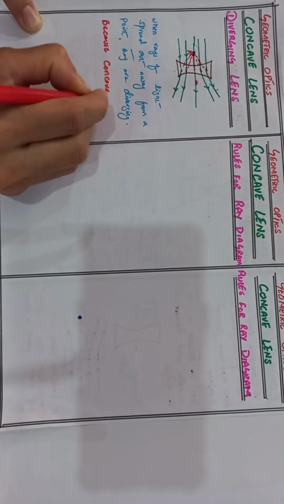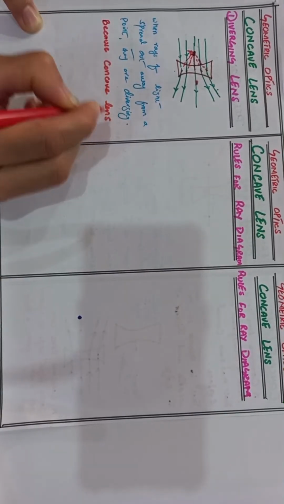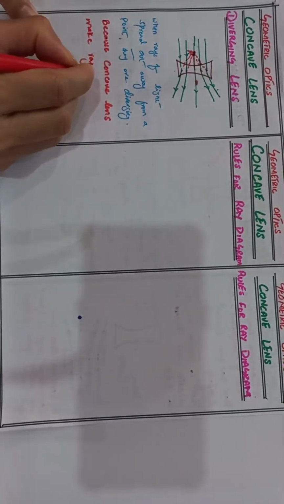Because the concave lens makes rays diverge.